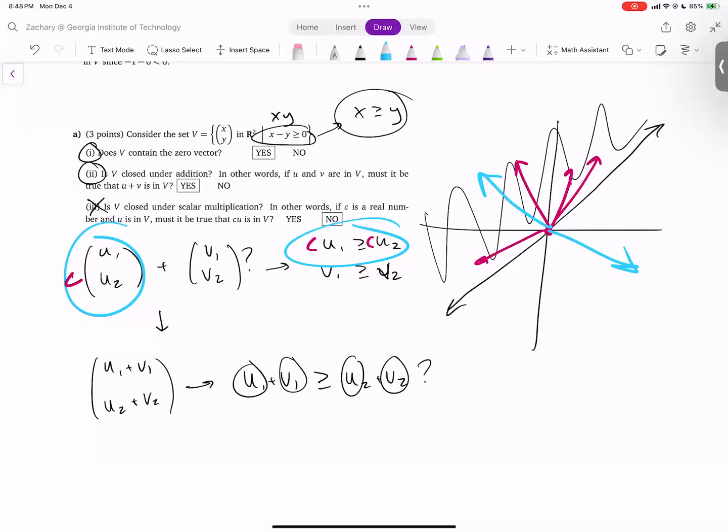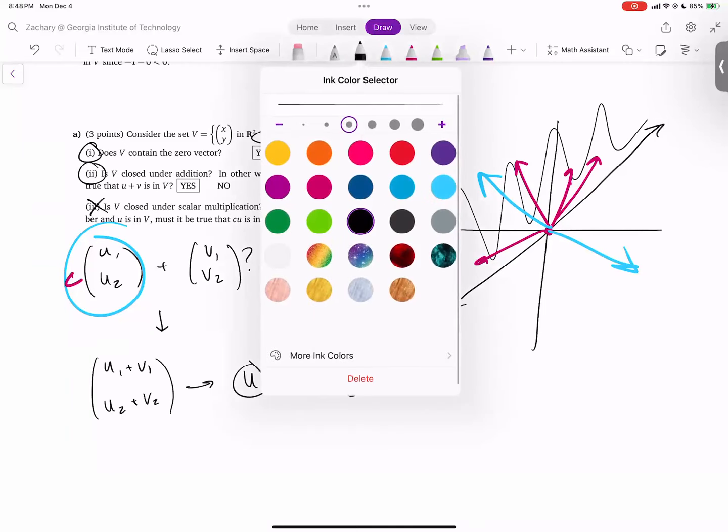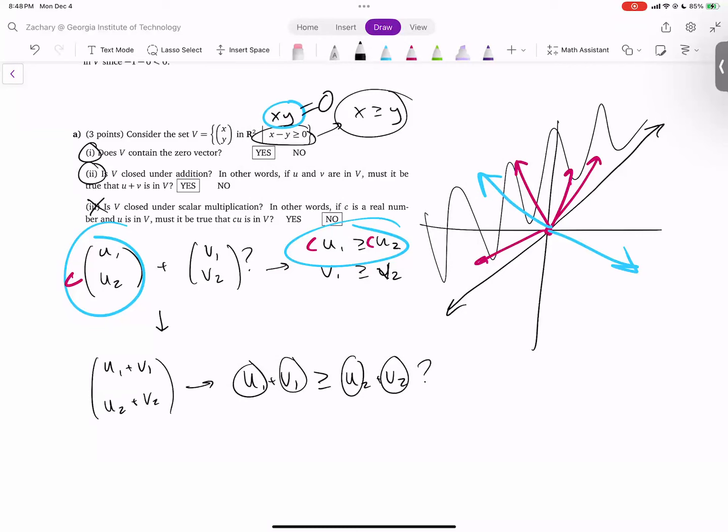So the other version of the exam had x times y greater than or equal to 0. Was it equal to 0 or was it equal to 1? I think it was equal to 0. We'll just assume it's equal to 0, because that's what I've seen in the most typical case.